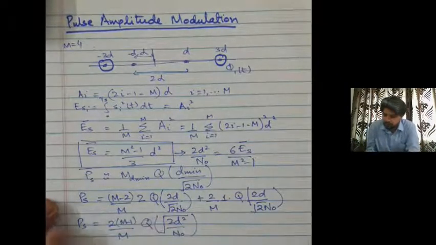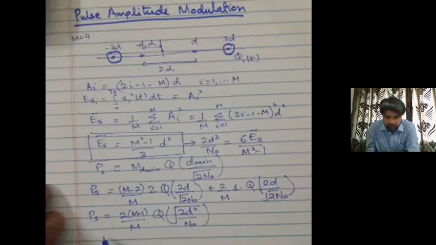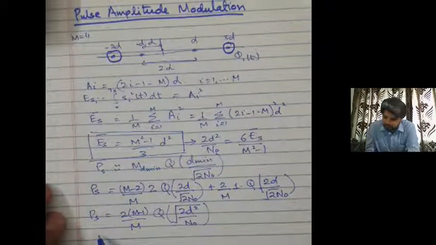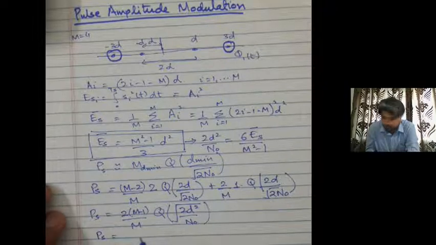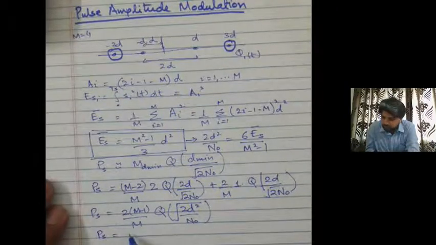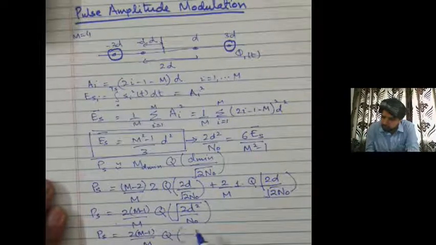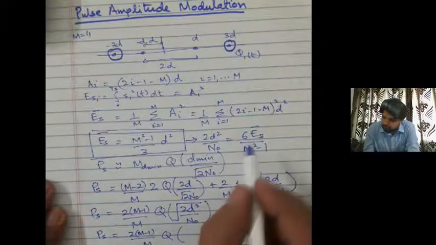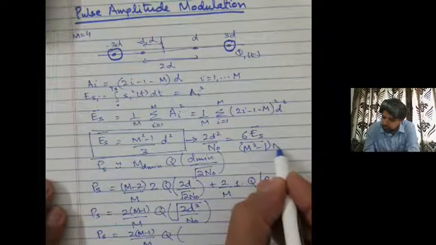And hence your average symbol error probability would be equal to (2(M-1)/M) times the Q function of... there would be an N0 here as well.